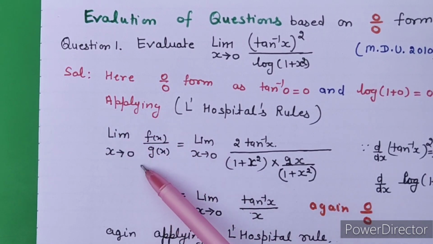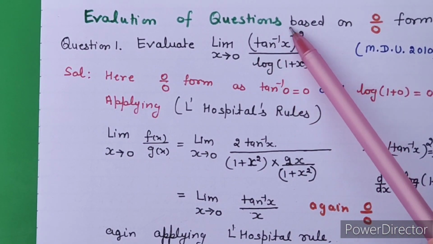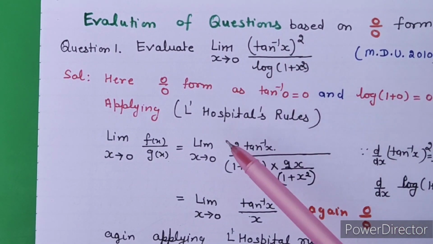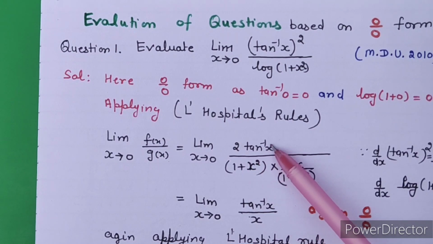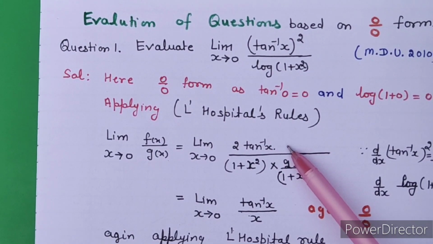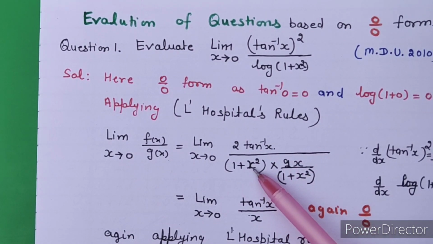So this limit expression will be equal to, now you will take the differentiation. When you differentiate the numerator, it is 2 tangent inverse x power 1 into the derivative of tangent inverse x, and the derivative of tangent inverse x is 1 over 1 plus x square.